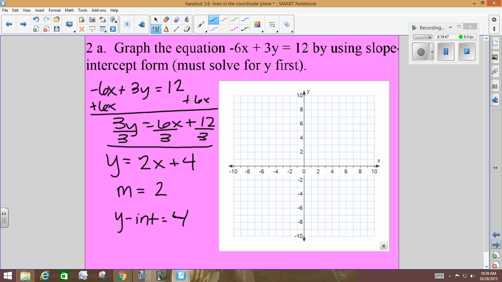You're going to start at your y-intercept, so you're going to start up at 4 on the y-axis. My slope is 2. I could go down 2 and left 1, or starting at 4, I can do what? I could go up 2 and right 1. Yes.